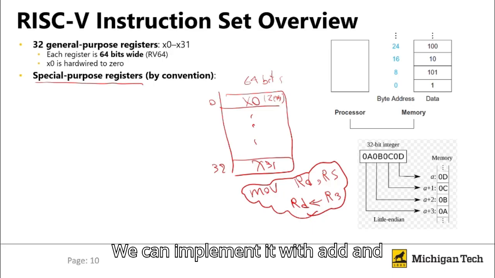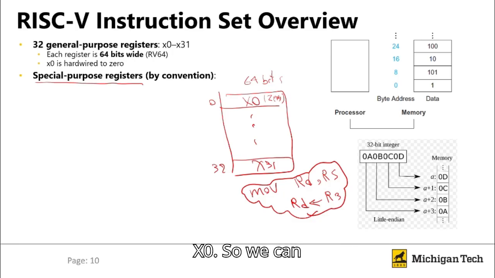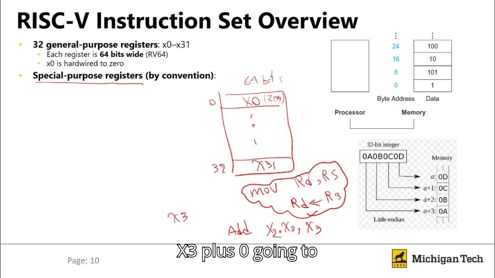We can implement it with add and X0. So we can add, for example, X3 plus 0 going to X2. It's like move.